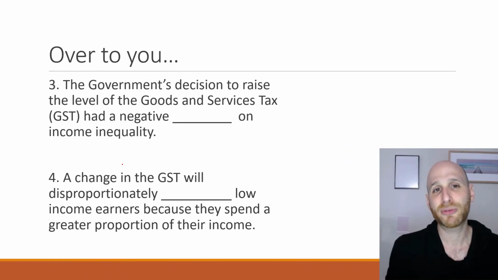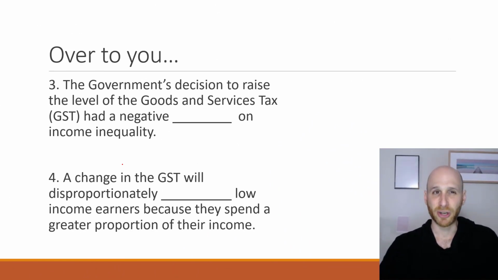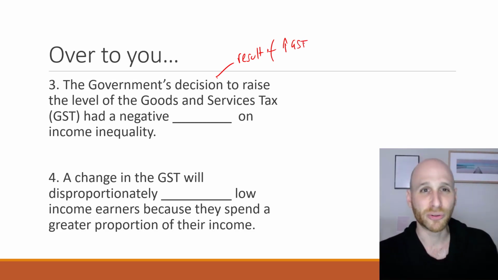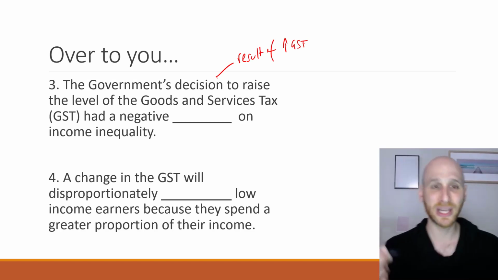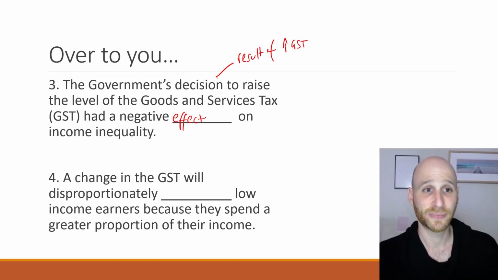The first one here, number 3, the government's decision to raise the GST had a negative something on income inequality. So what we are looking at is what is the result of the increase in the GST. So if I'm looking at the result of a change, I'm looking at effect.